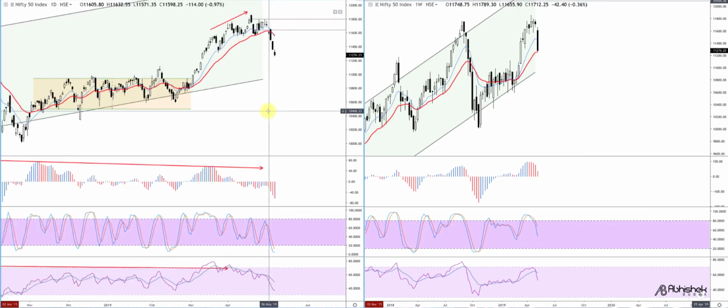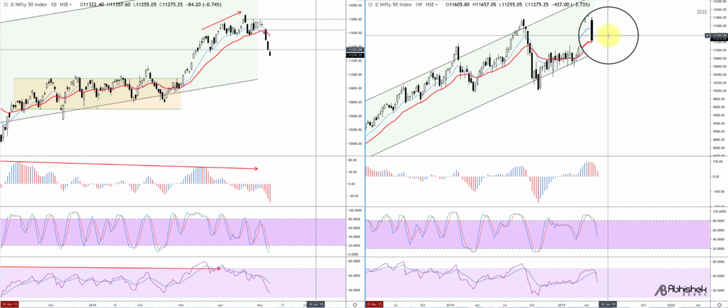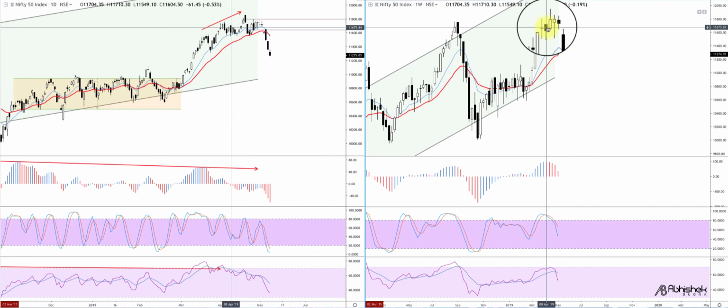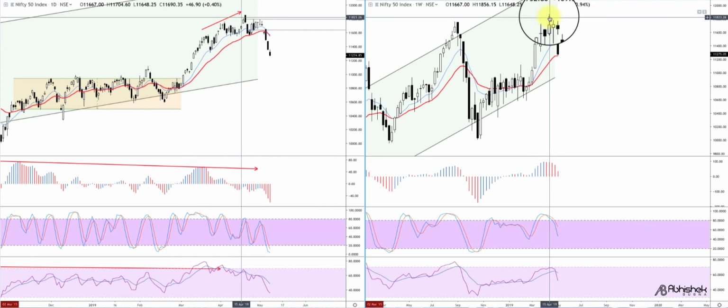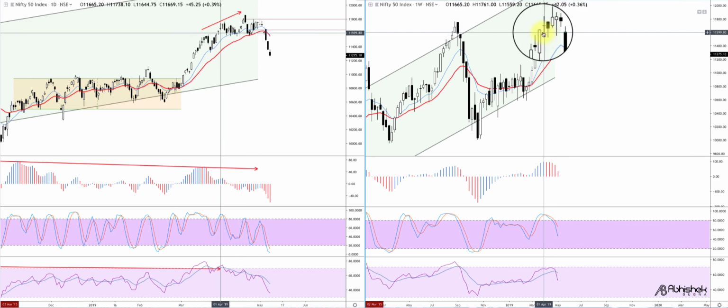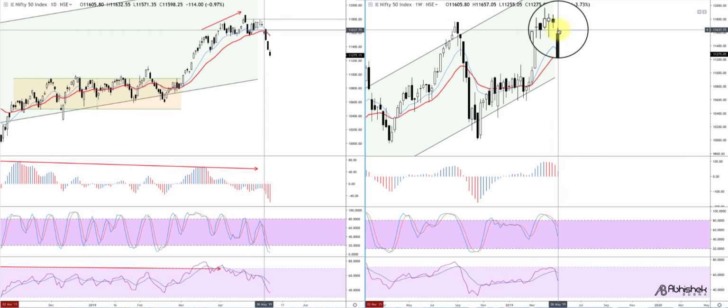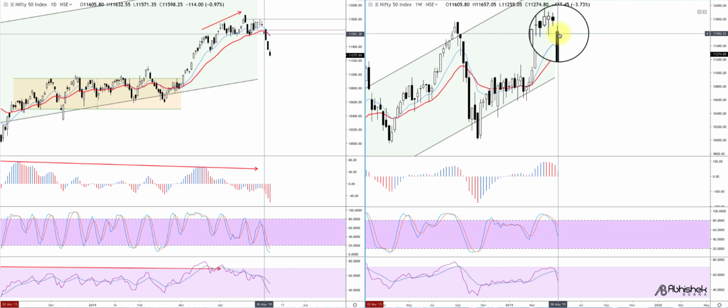Okay. So even at the current scenario, right, we had a doji in the weekly chart. Let me just zoom in. This support point where the prices were not going below was broken by a gap.